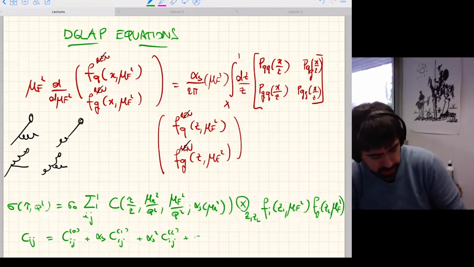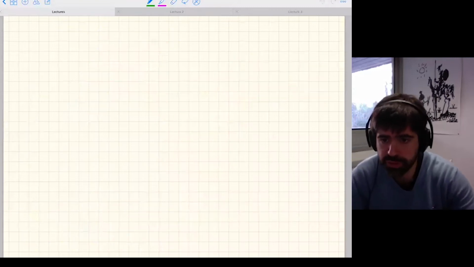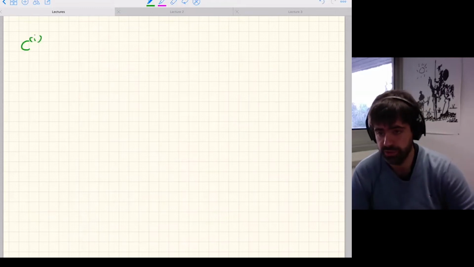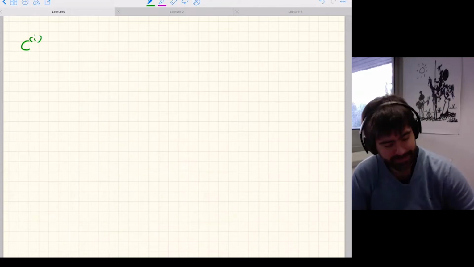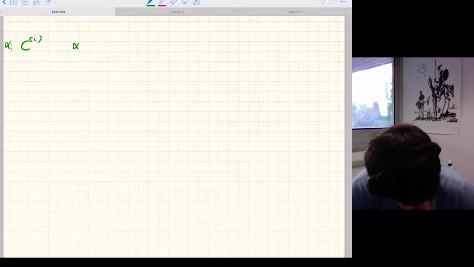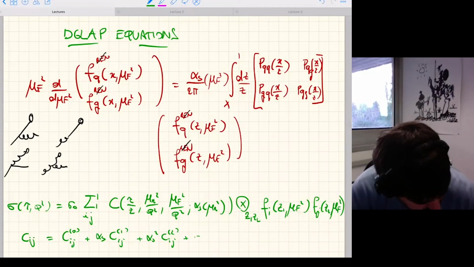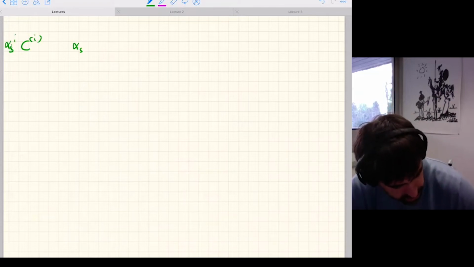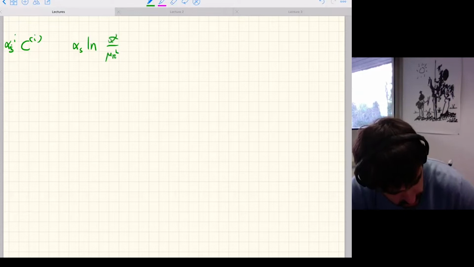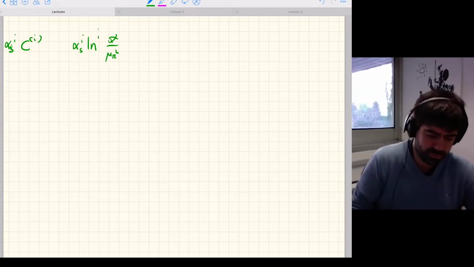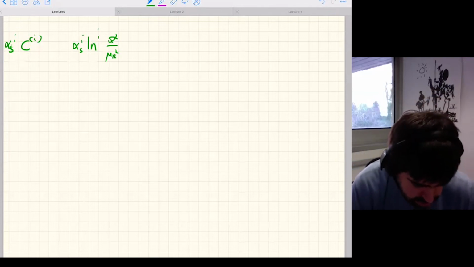Now, let's look first at the mu_r dependence. Each perturbative coefficient C_i will contain logs of mu_r over Q squared. That's an argument that you may have heard in renormalization.